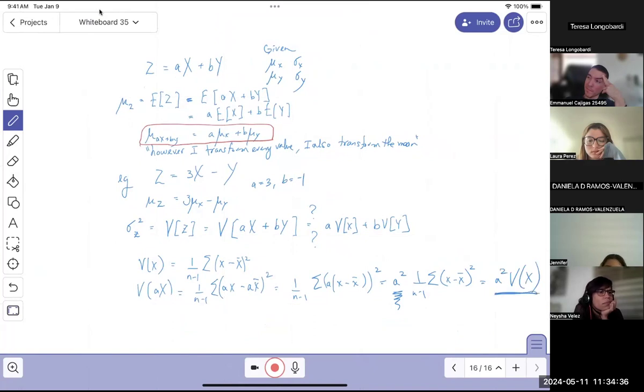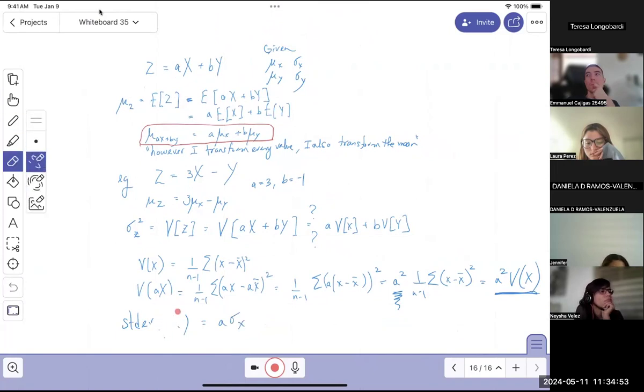Now, we didn't see that when we were dealing with the standard deviation that we just discussed. When I discussed the standard deviation of AX, I just did this. It's just A times the standard deviation of X. I just wrote it like that, right? Let me do it with the symbols. So it was like this, and then it's like that.